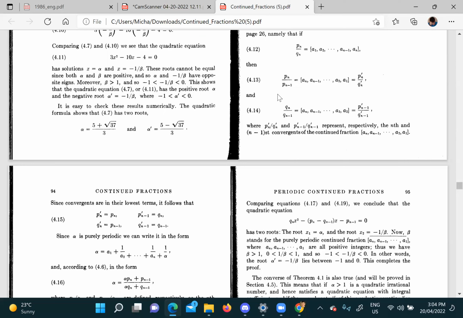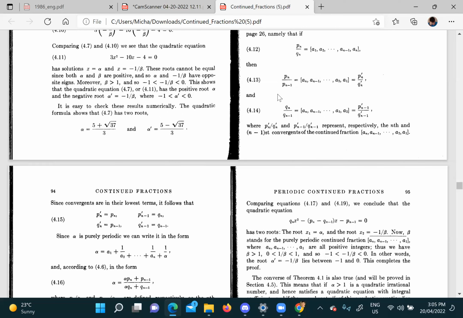The first one is clear. It's 1 plus 1 over something, so it's integer plus 1 over integer. So it's a1 a2 plus 1, which is co-prime.